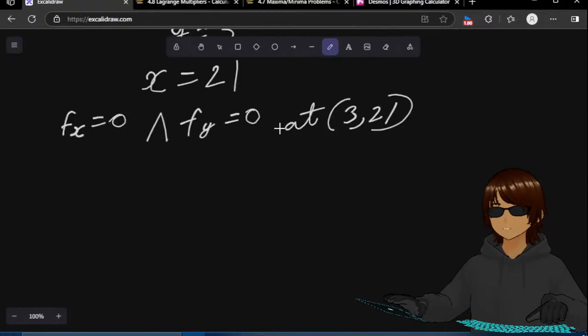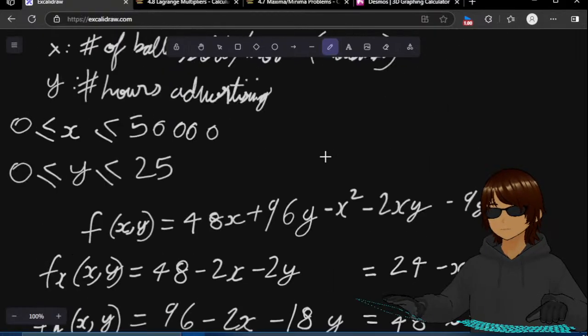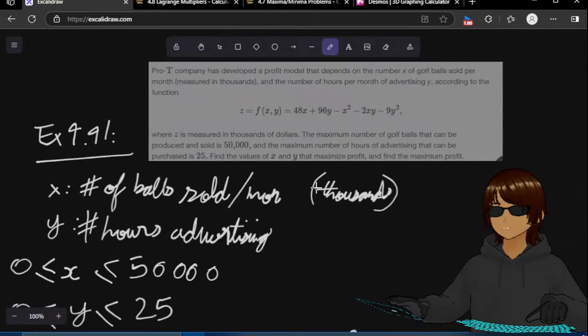Now we need to check the boundaries. Intuitively, 0 wouldn't match, right? When the boundary is at 0, we only need to check 50 and 25.